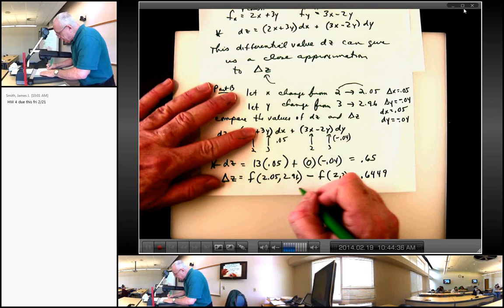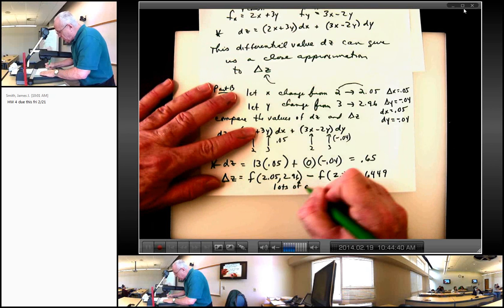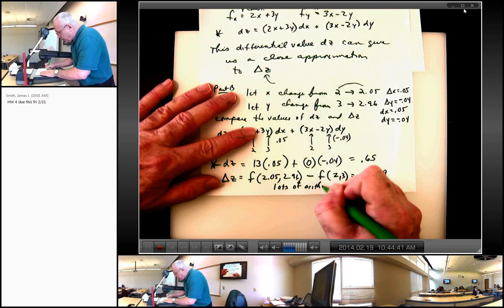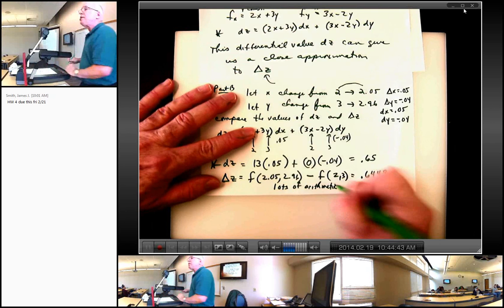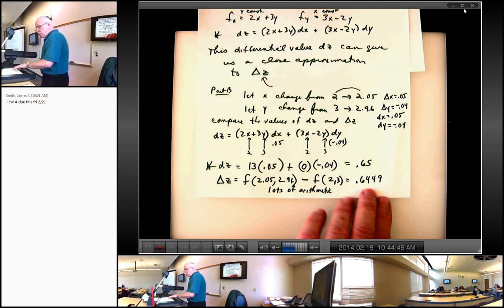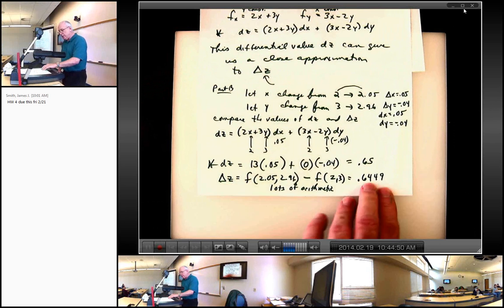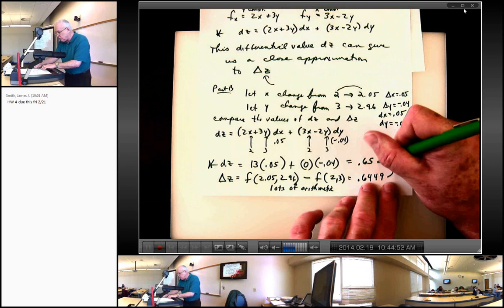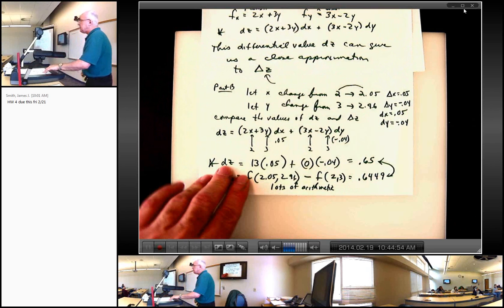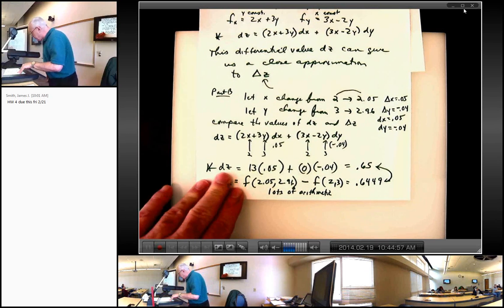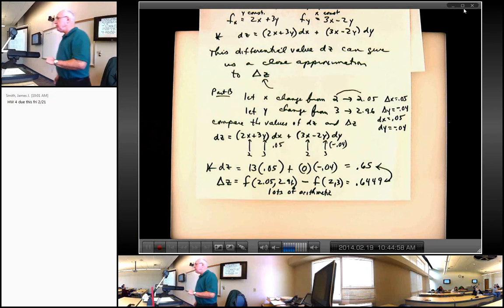Of course, there's a lot more arithmetic. There's certainly lots of arithmetic with that calculation. But what we get here for our actual difference, the change in the z value, is something that's very close to a much simpler computation using the dz.